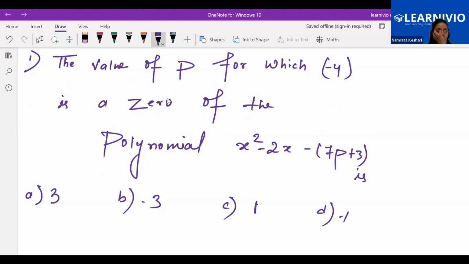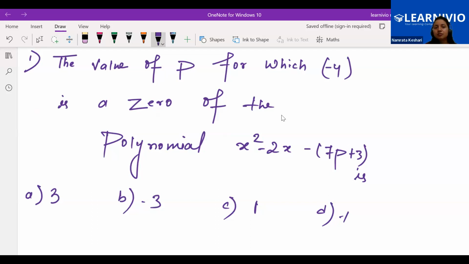Do it, Abdul. P is -4. But that is not there in the options.